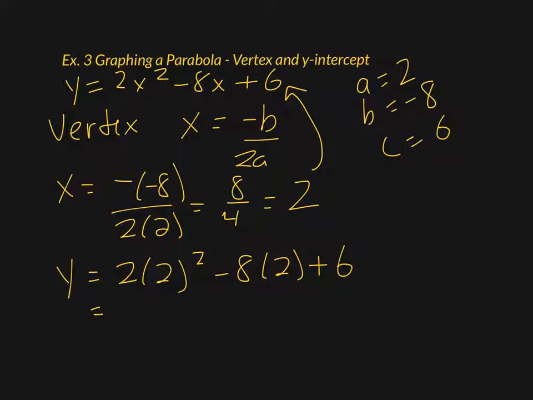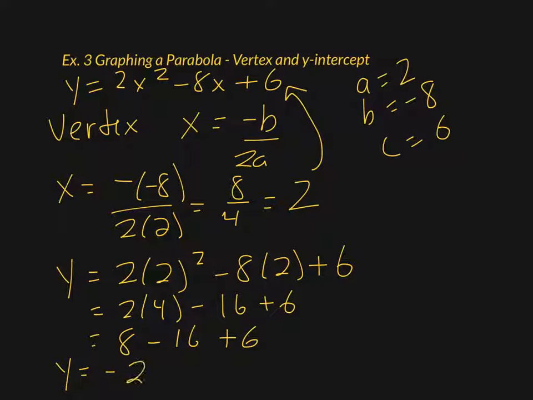So that's 2 times 4 minus 16 plus 6, which is 8 minus 16 plus 6, which gives us y equals negative 2. So we would say that our vertex, the point, would be 2, negative 2.